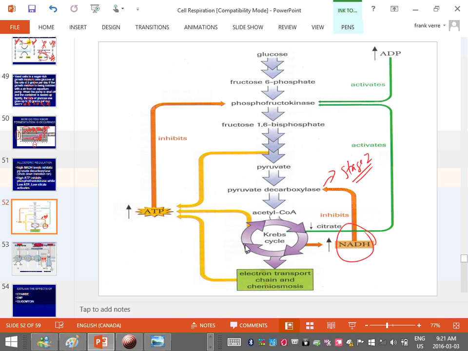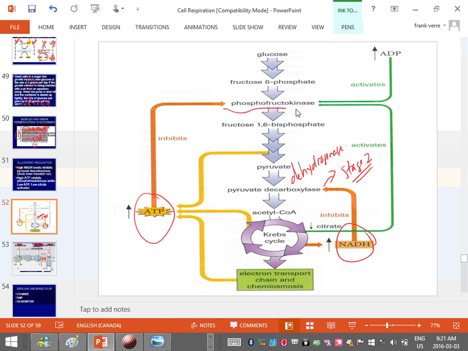Remember, the other name for pyruvate decarboxylase is also known as pyruvate dehydrogenase, right? Okay, so we talked about that one. What about high levels of ATP? What do high levels of ATP inhibit?